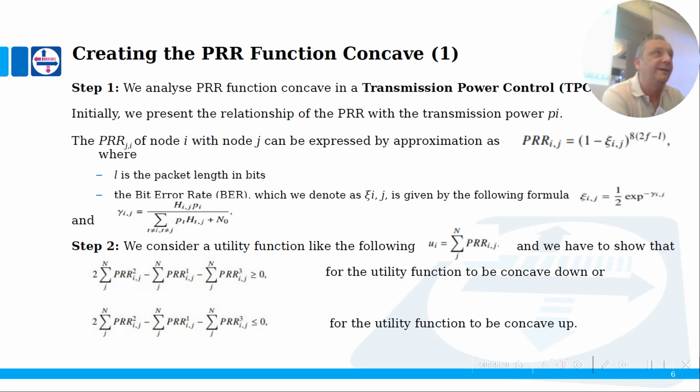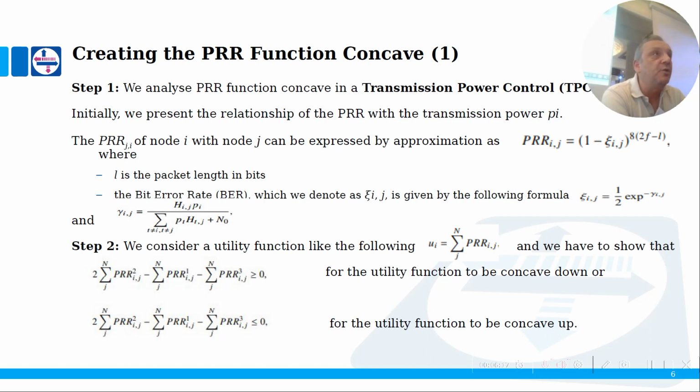L is the packet length in bits, and the bit error rate is given by the formula which has gamma in its exponent, where gamma is the signal to interference and noise ratio, given by gamma_ij equals h_ij p_i divided by the summation of the interference p_t h_tj plus the noise, the white noise.